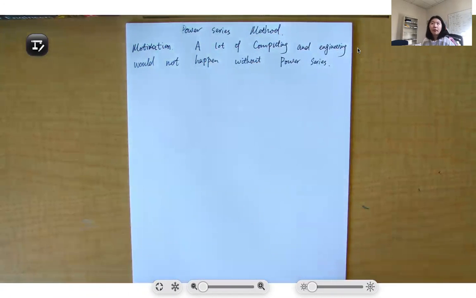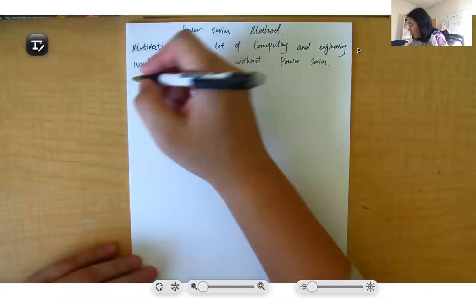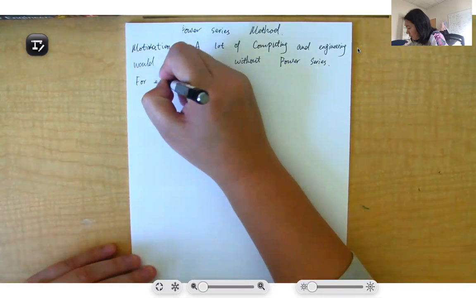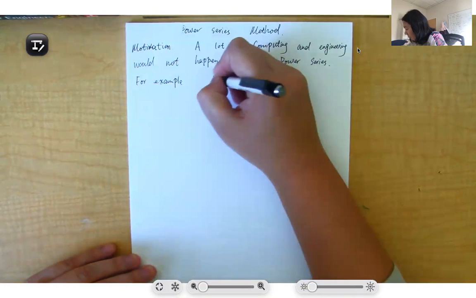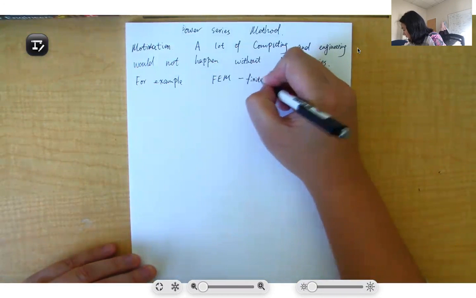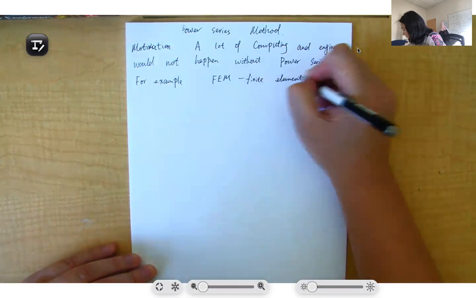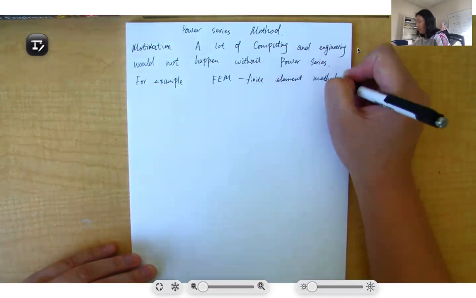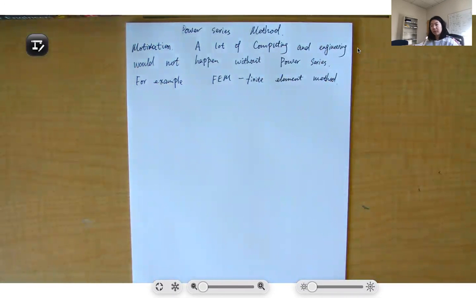So for example, what kind of programming uses power series as a base? We talk about the finite element method. That is one of the approximations that will use power series. For example, FEM, which represents finite element method. This method we talked about before solves complex multiphysics and complex geometry problems.